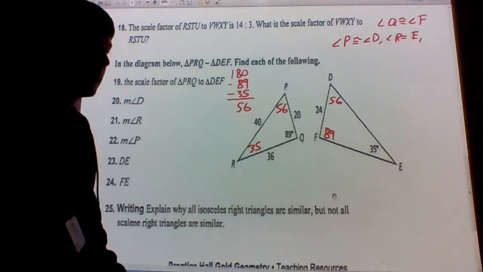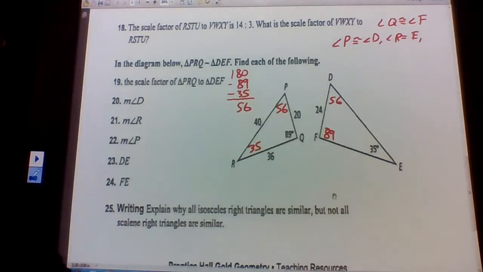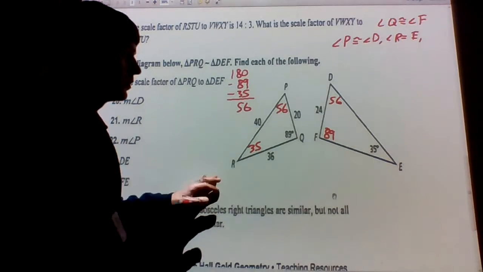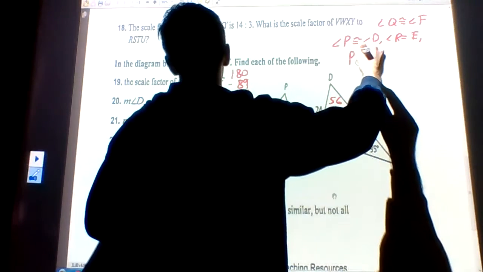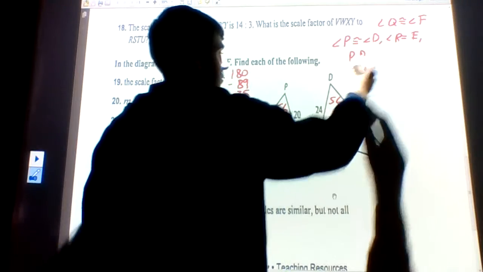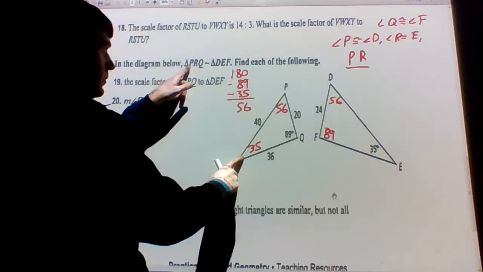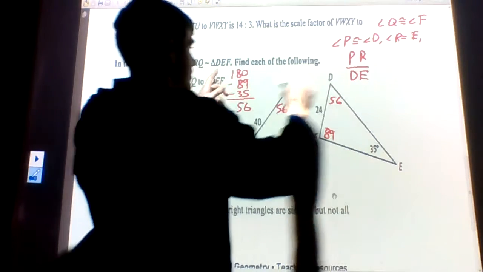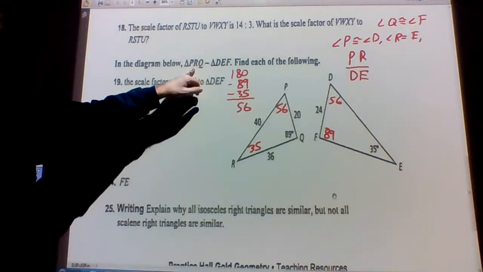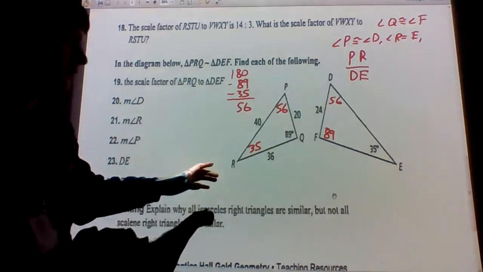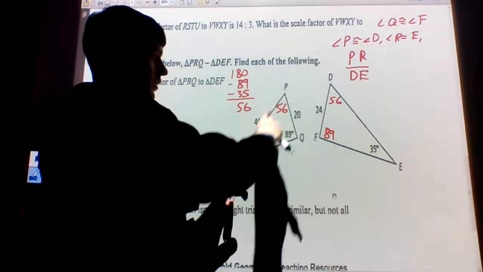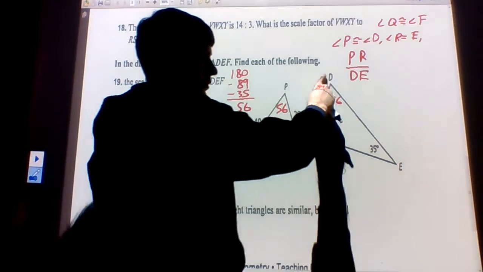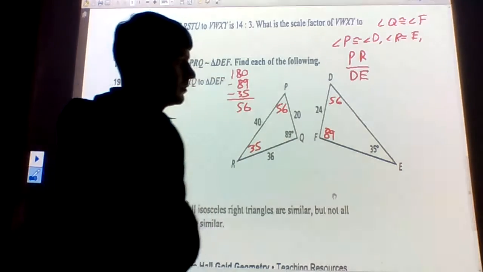Alright, now we can set up our proportions. So we just pick a side, so how about PQ? Let's go with PR. So PR matches up with DE. Okay, you can use the similarity ratio, or you can use the diagram. So PR is between 56 and 35, so between 56 and 35 over here is DE.